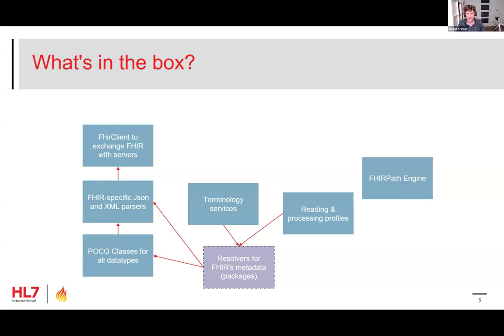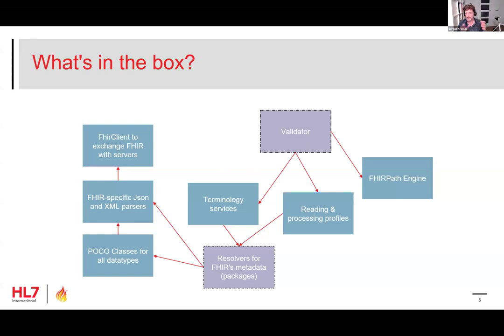Good question. Terminology service, and there is another part of the FHIR library that's called the FHIR Path Engine. I can't go deep into what that is, but basically one part of profiles is FHIR Path, which is a constrained language, a kind of mini programming language in which you can program invariants, constraints, and data validation rules. And we have that too, because with all these parts, we have a thing called the validator.